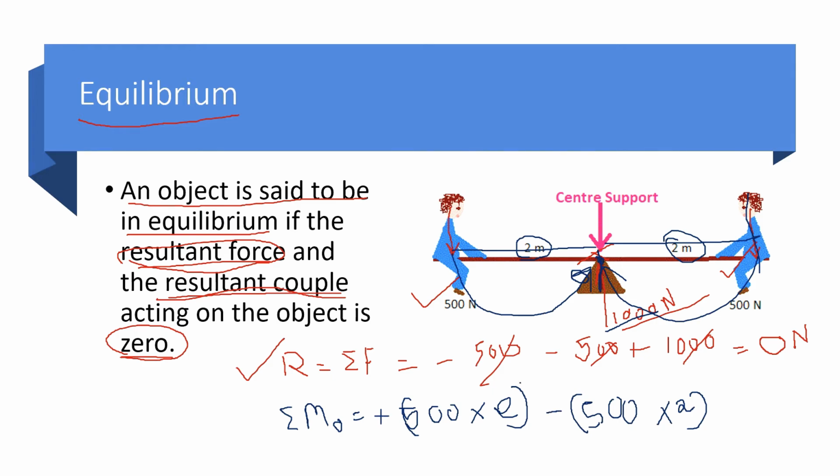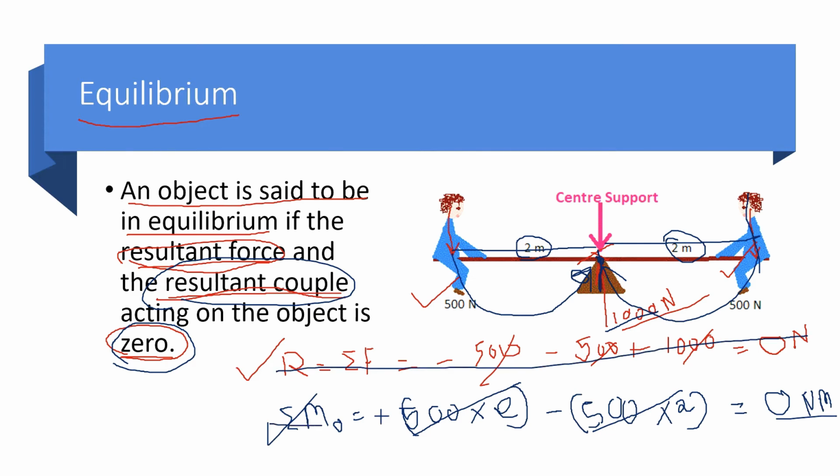You can see this plus 500 into 2 and minus 500 into 2 will get cancelled out, and in total it will give 0 Newton meter of moment. So the moment produced by this force system is 0 Newton meter. Hence the resultant couple is also 0. Such a force system where the resultant force is 0 and the resultant moment or couple is 0 is called equilibrium.